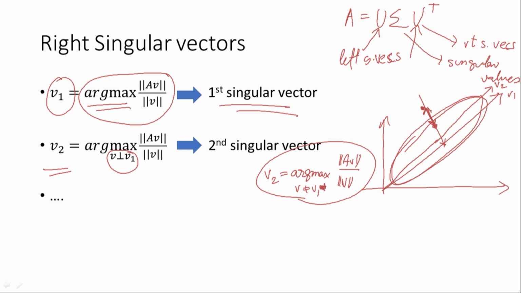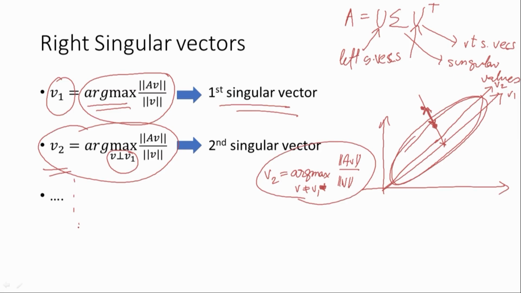And for that we put in a constraint that let us look at all the vectors that are orthogonal to V1, right? And then we try to do an argmax of this. And the claim is that this is again nothing but the second right-hand singular vector of A, right? And we keep on going until we get VR, which is argmax of V orthogonal to V1 to VR minus 1, norm of AV by norm of V, right?